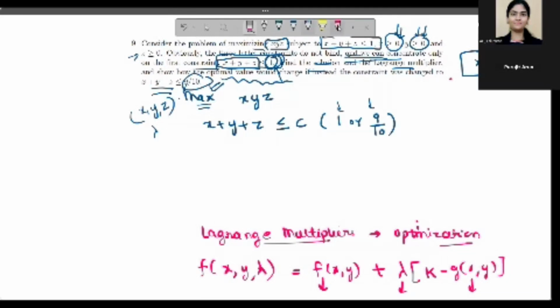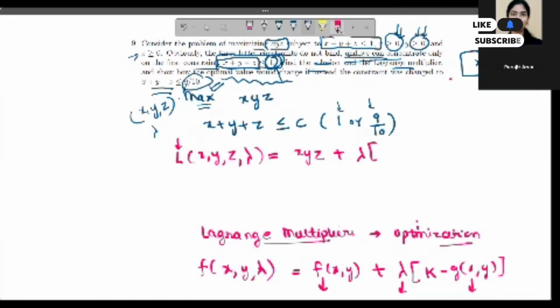Ma'am, so over here the general objective equation is going to be, for example, f equals your Lagrange function, the optimization function xyz, plus lambda times (1 minus x minus y minus z).